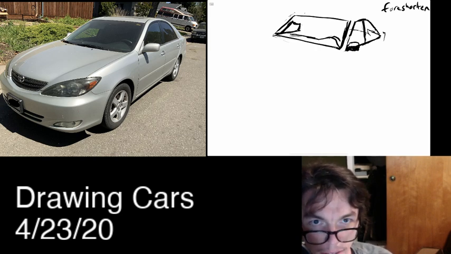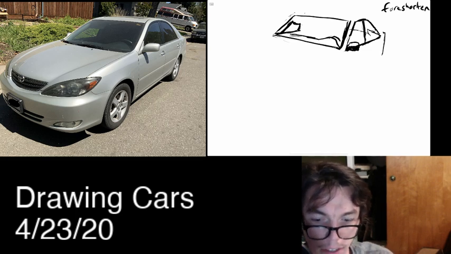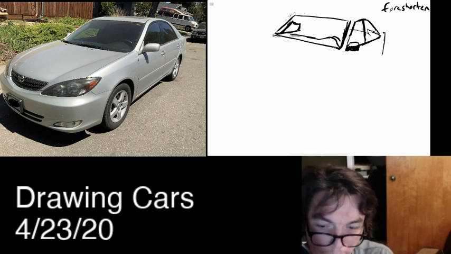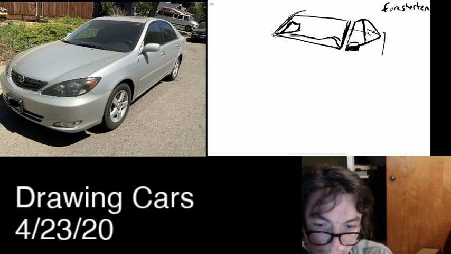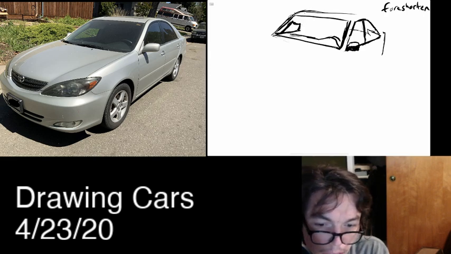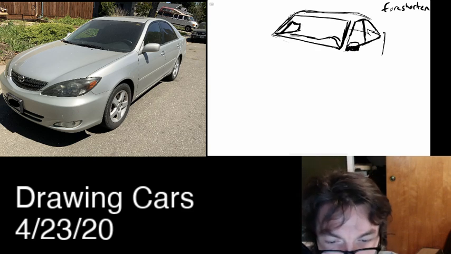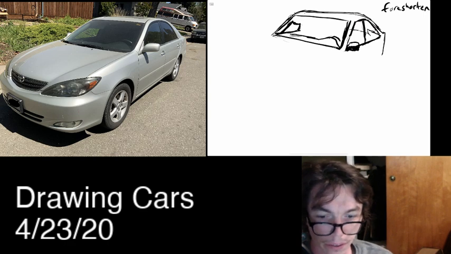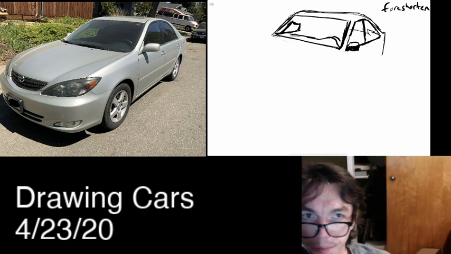It doesn't come off of the window very far. And then I'm going to do the top of the car, which starts at this side and just barely shows the top of the car and then stretches down around this back. There. Cool. I'm liking that so far.